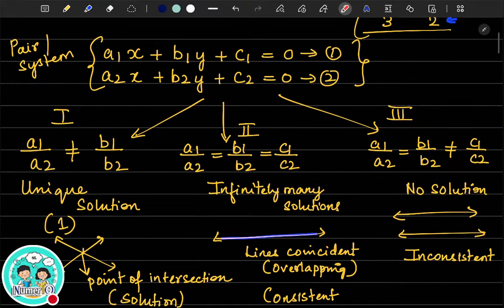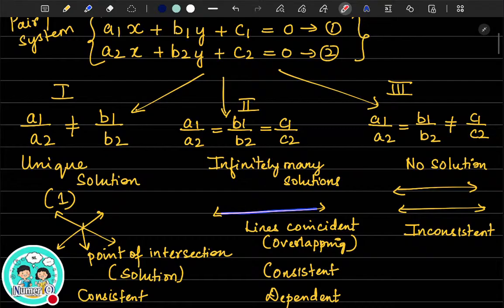Whenever you are given a system of equations and you have to find how many solutions it will have, what kind of graph it will have, whether it will intersect at a point, or overlap, or be parallel, these are the situations. Or if a pair of equations is given to you, how will you say whether it is consistent or not consistent? All these kinds of questions can be answered if you understand these 3 scenarios.